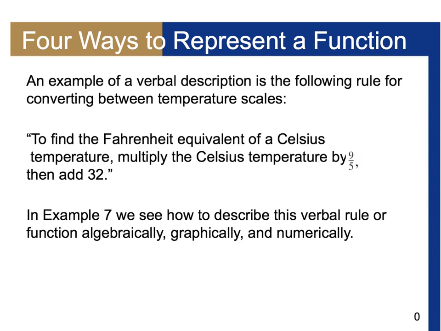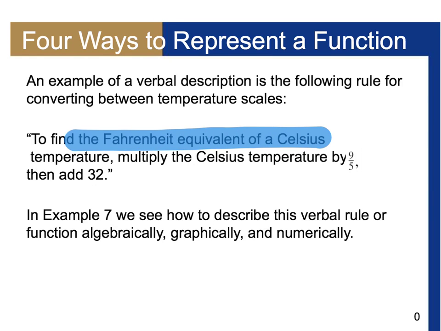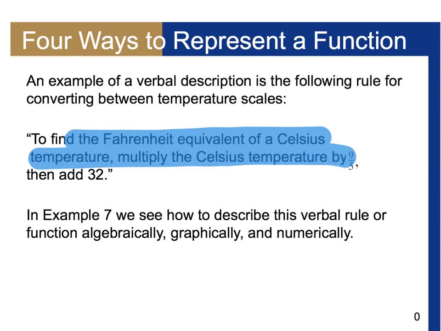So here's an example of how we describe a function using words, going from Fahrenheit to Celsius. To find the Fahrenheit equivalent of a Celsius temperature, multiply the Celsius temperature by 9/5, then add 32. So that's a verbal description of how we go from Celsius to Fahrenheit.